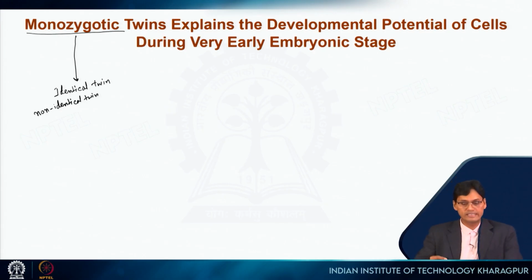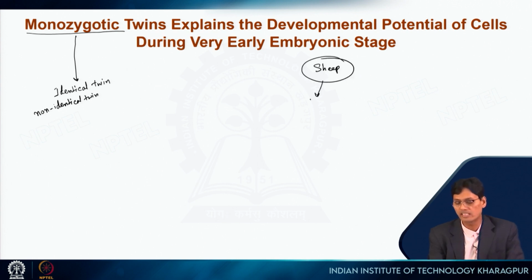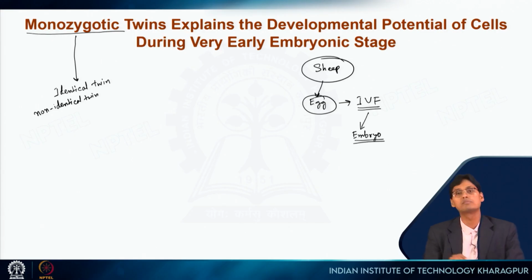What scientists did is they used sheep and took egg cells from sheep, and then it underwent IVF, in vitro fertilization, and then the embryo is formed inside the lab, in an in vitro system.